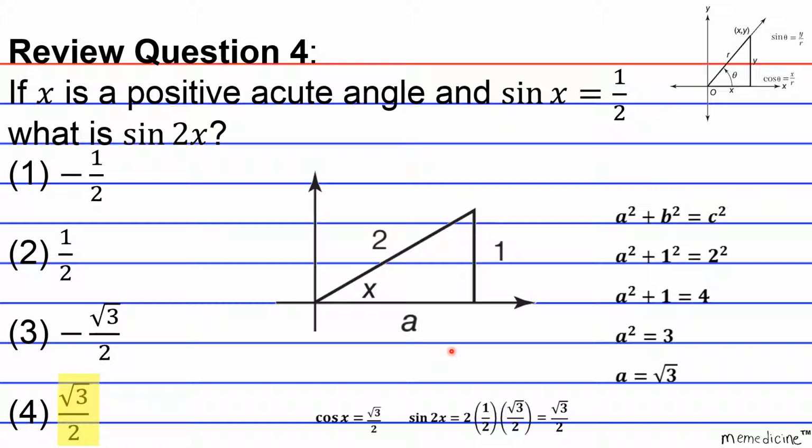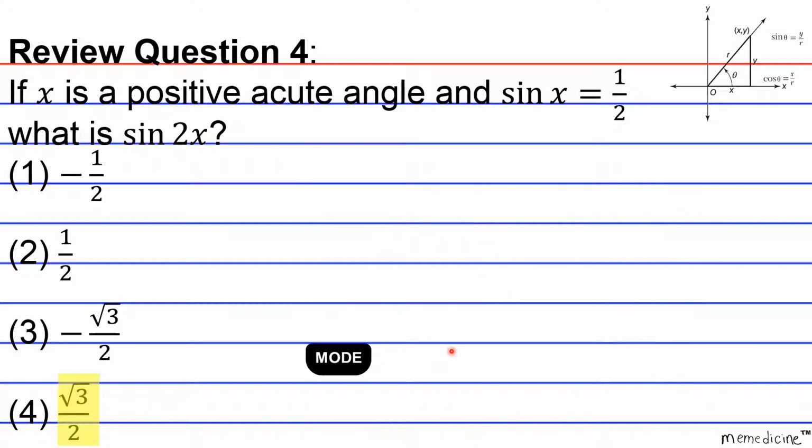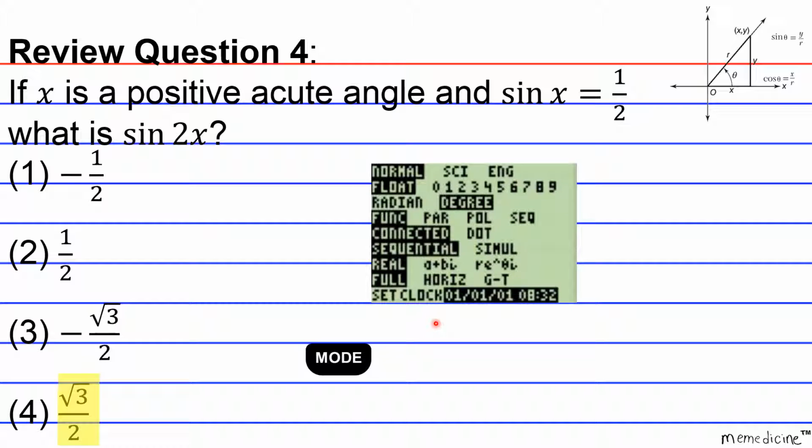So first, on your graphing calculator, you're going to turn it on, obviously, and then you're going to hit mode, okay? And when you hit mode, this screen comes up, all right? And so the cursor will be flickering over normal. What you're going to do is press the down arrow once so that the cursor is flickering over float, and you're going to press the down arrow a second time so that the cursor is now blinking over radians. And let's just pretend that instead of degrees, radians is highlighted.